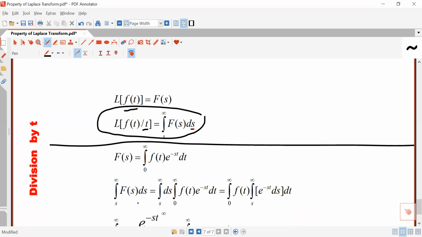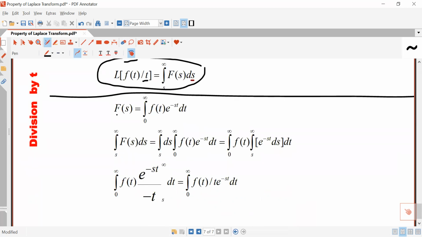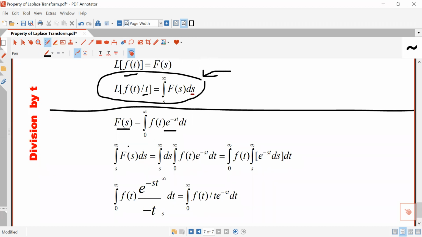As you know, the Laplace transform of any function f(t) is written as F(s), because the Laplace transform converts a time domain signal into a frequency domain signal. So the Laplace transform of f(t) will be equal to F(s), which is given by the integration from 0 to infinity of f(t) e to the power minus st dt. Now take the right hand side expression, which is the integral from s to infinity of F(s) ds.